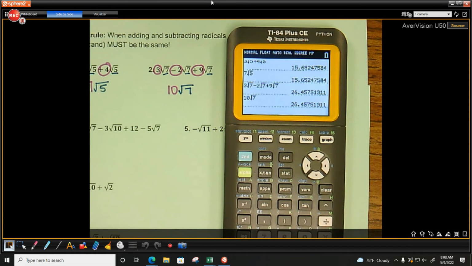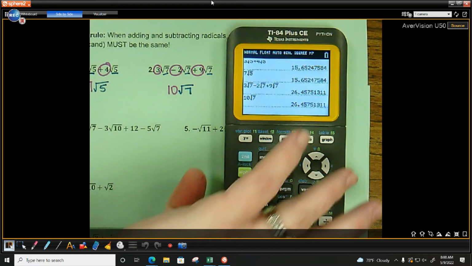And our answers are the same. Okay. Are we thinking so far these are relatively easy? If the radicals match, keep the radical, add the coefficients. Okay? Next one.